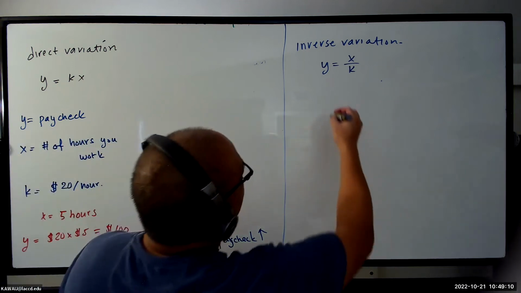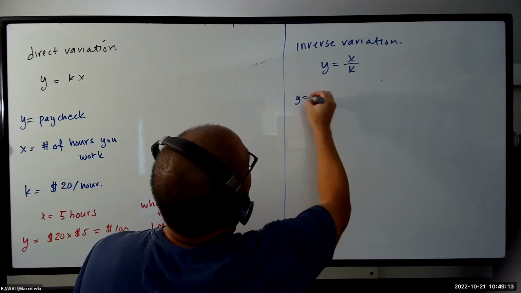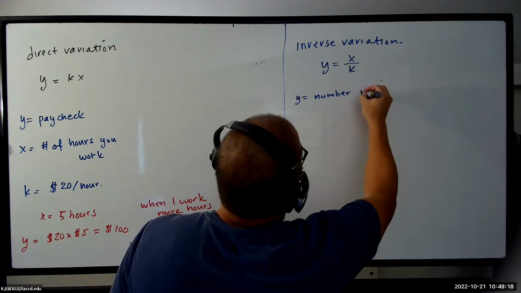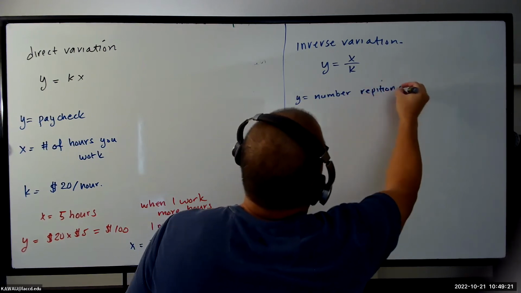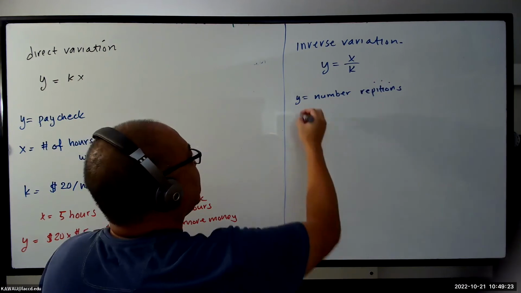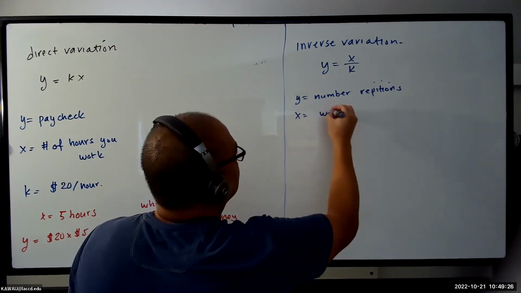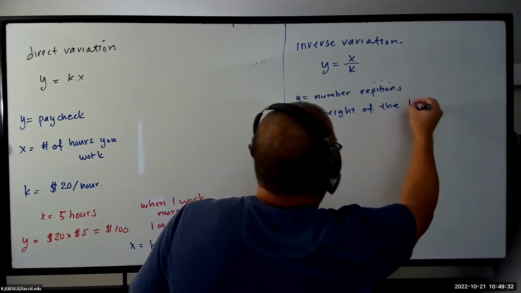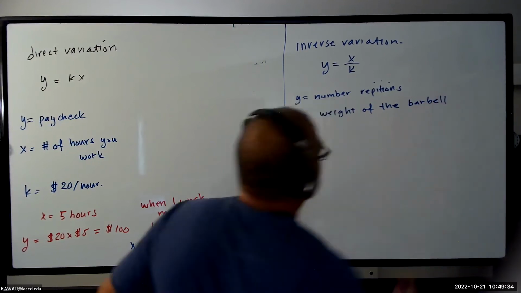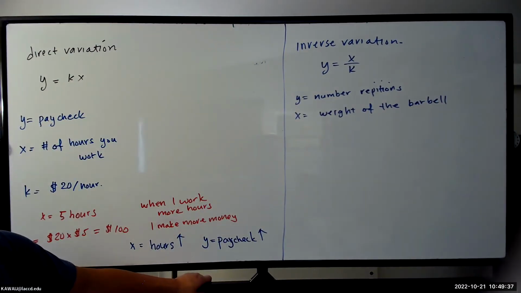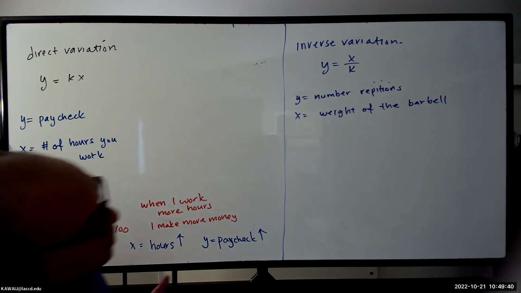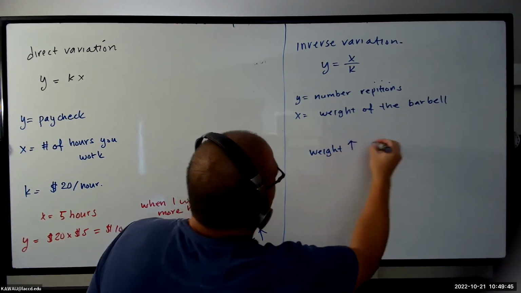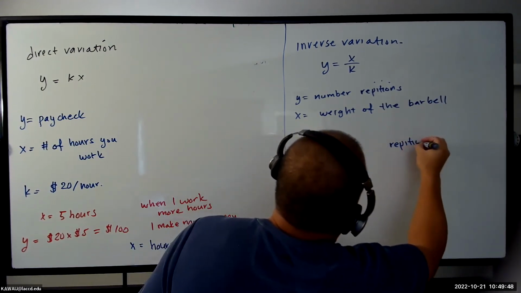So over here, if we let y equal the number of repetitions picking up my weight, and we let x equal the weight of the barbell, then we can see that as the weight goes up, my repetitions go down.